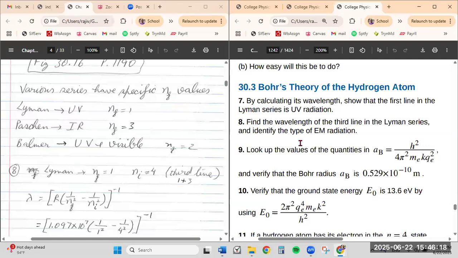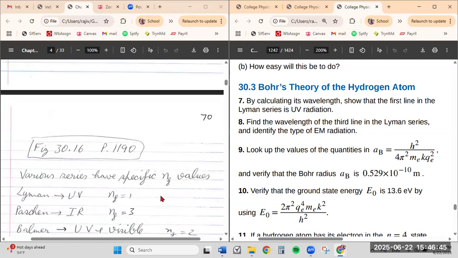And if Nf is 1, then Ni can be 2, 3, 4, etc. We are interested in the third line in the Lyman series, which means Ni is 4. The first line would be Ni is 2, the second line would be Ni is 3, and then the third line would be Ni is 4, 1 plus 3.